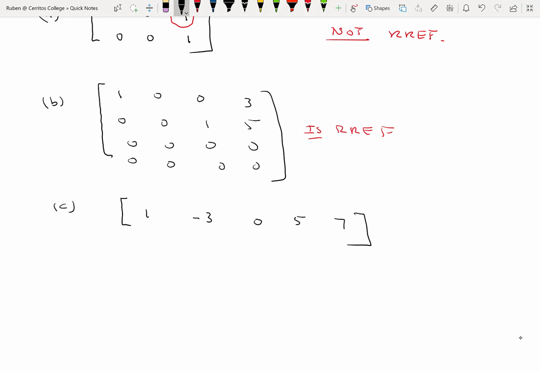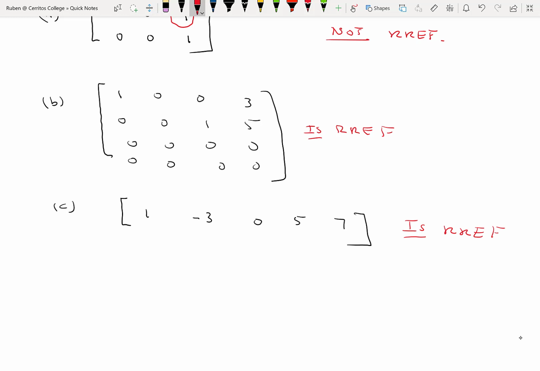Are all the entries of the first column 0 above and below? Well, there aren't any entries above and below the first entry, so you can't violate it, so it's true. This is in RREF. So logic can be tricky.